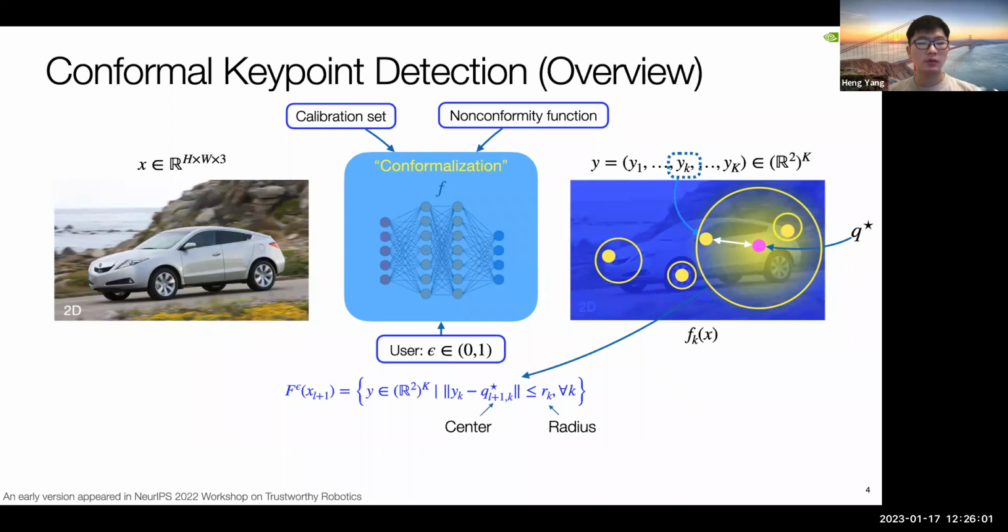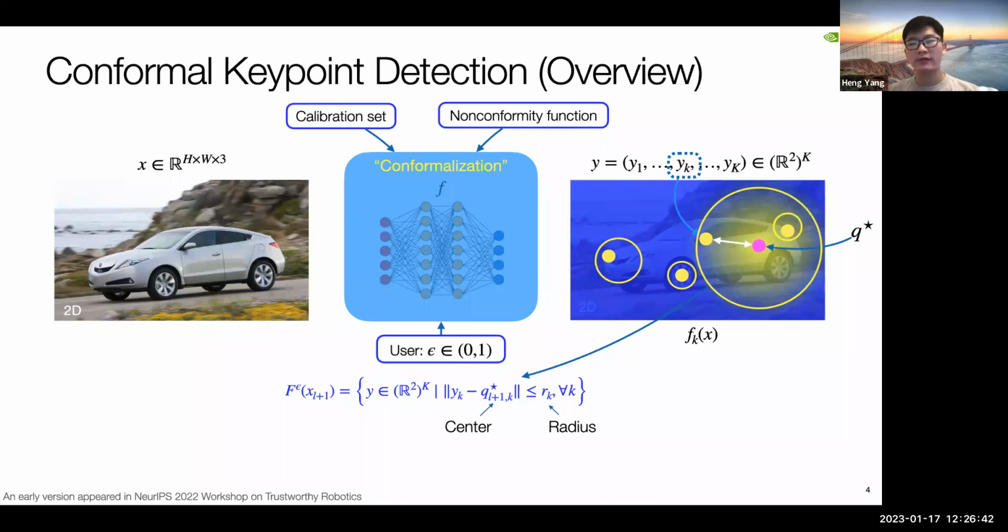The prediction set we will call F of epsilon. The capital F means that it's going to give you a set of predictions instead of just a single prediction, and epsilon here is a user-specified error rate. So this F epsilon takes a new image, which we call X_{L+1}, and gives you a union, basically a product, of 2D circles, where each ball or circle has a center at Q star and a radius that we call R_k. This R_k has a formulation which is actually pretty simple, but I ignore it here to keep things simple.